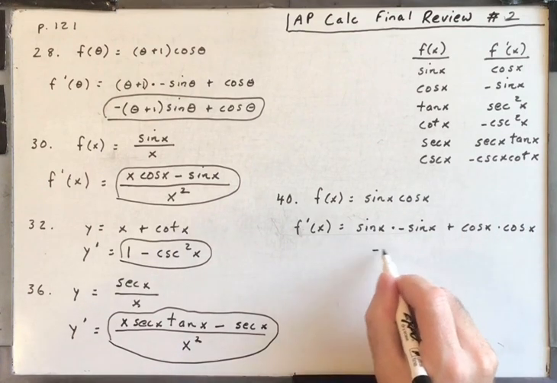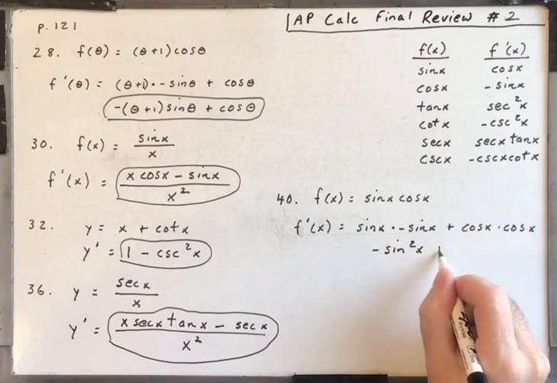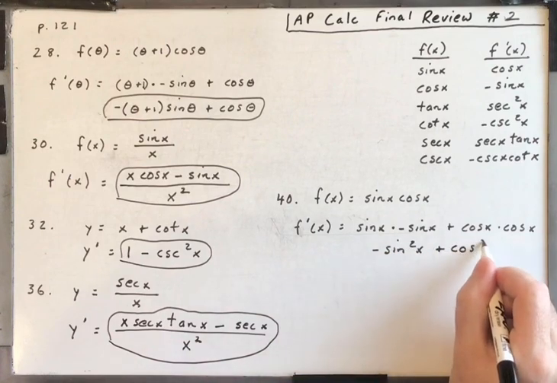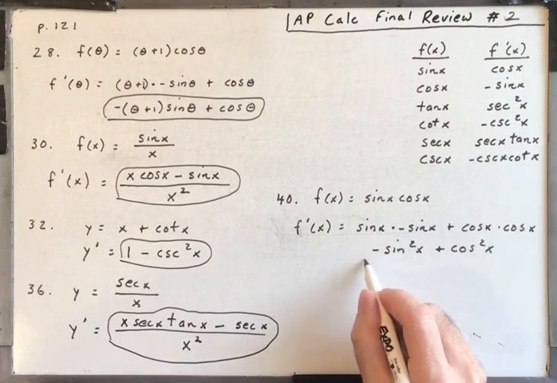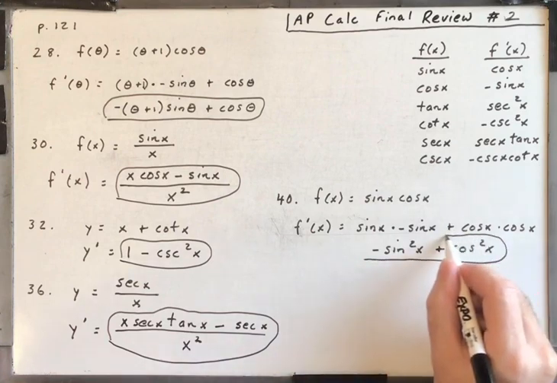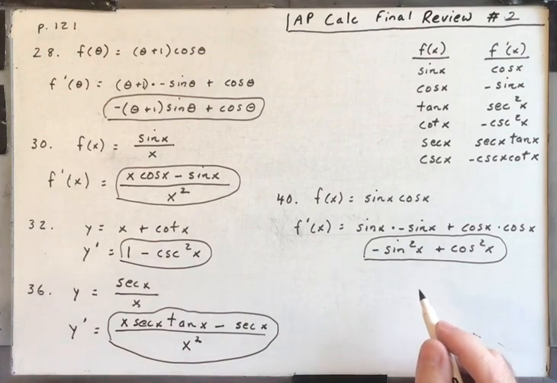So that would be minus sine squared x plus cosine squared x. I do expect you to do at least a little bit of simplification instead of just leaving it like that. So don't be lazy. That's a pretty easy simplification to do.